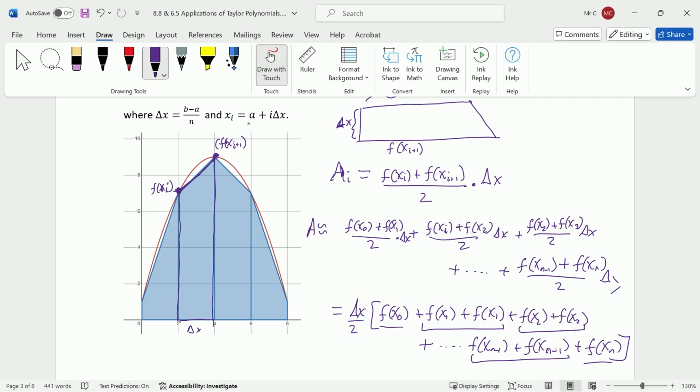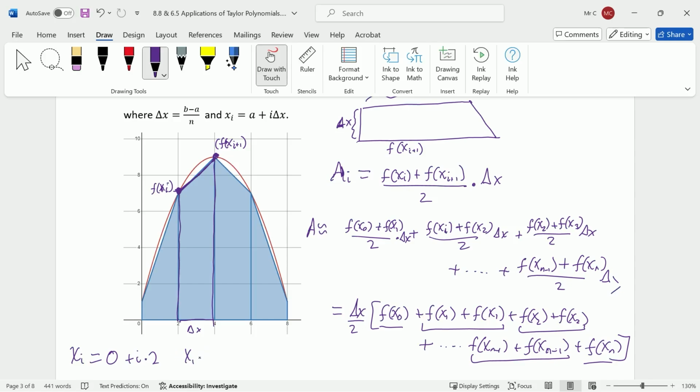Now this x sub i is a plus i delta x. Again, something we hopefully have seen in Calc 1, but if we take a look at this example here, so x sub i would be 0 plus i delta x. So, and delta x is 2, the width of these intervals. So i times 2. And so if we look at our values for i, what's x1?